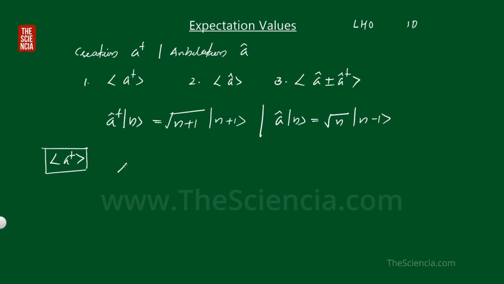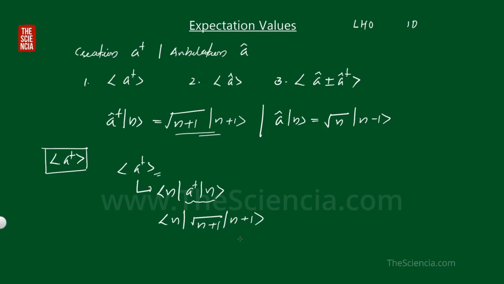This is Dirac notation. What does it mean? There is a state |n⟩, and a† acts on |n⟩. We know that when this creation operator operates on state |n⟩, we get √(n+1) |n+1⟩.